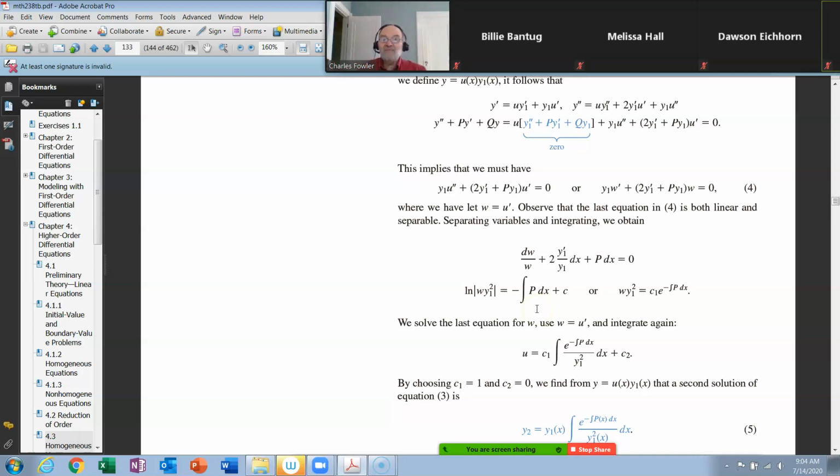Remember now we've got a constant function. So this would just be the integral of a constant dx, and e to the minus that. And then you would put your y1 squared down here, okay? So that's what we're doing.